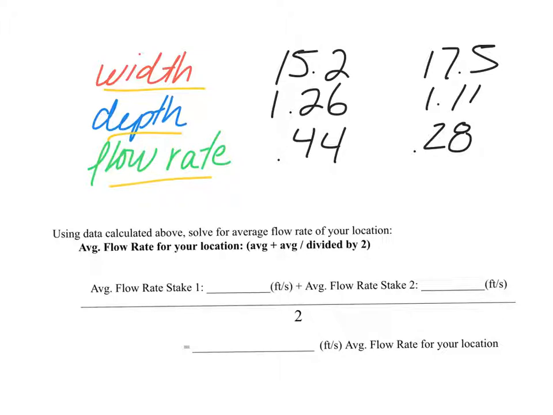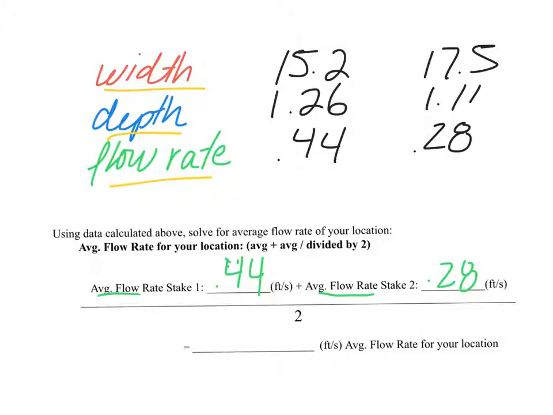The tricky part about this formula is making sure I'm plugging in the correct number to the correct spots. So using the calculated data from page number 1, I now want to plug in first my 2 average flow rates. So I've got 0.44 and also 0.28.